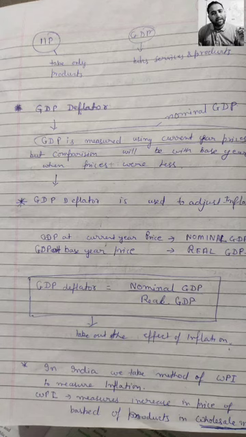So GDP at current year price is nominal GDP. GDP at base year price, we will come to the base year by adjusting the inflation. Okay, so that is called the real GDP. And the formula of GDP deflator is nominal GDP divided by real GDP, that takes out the effect of inflation over these periods.